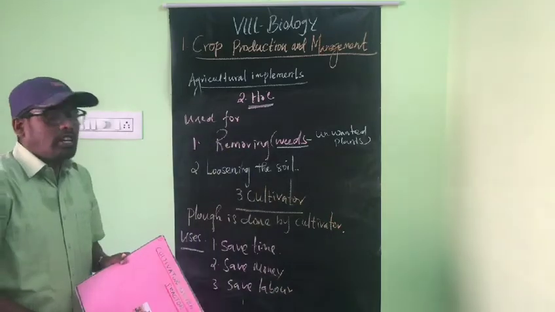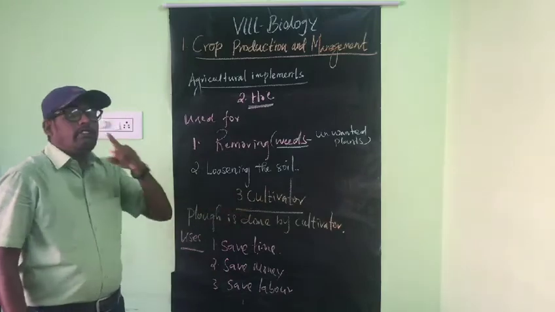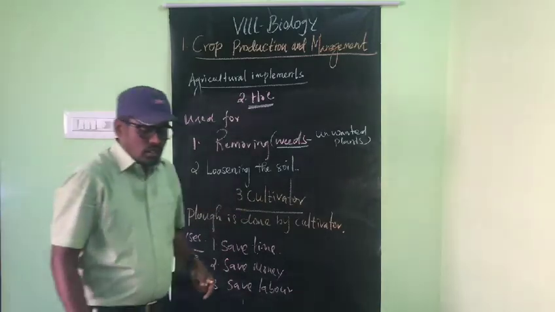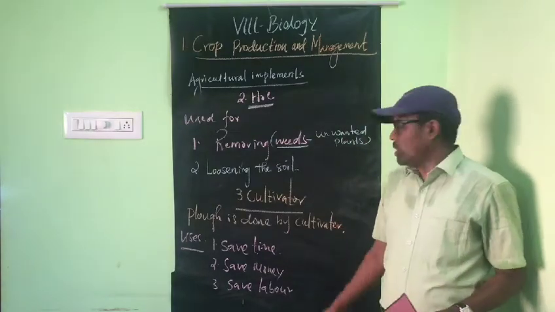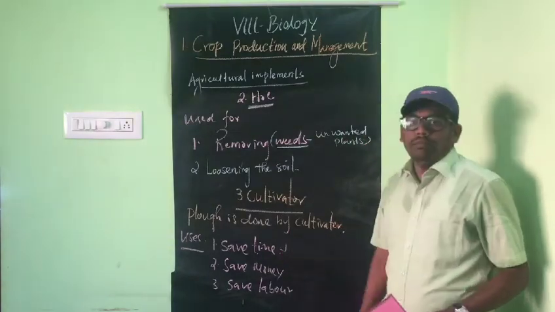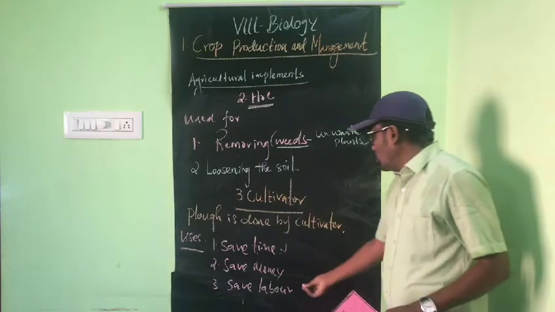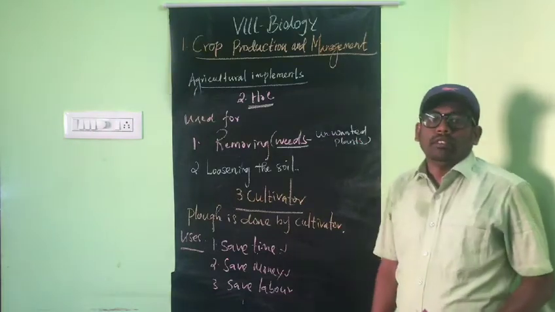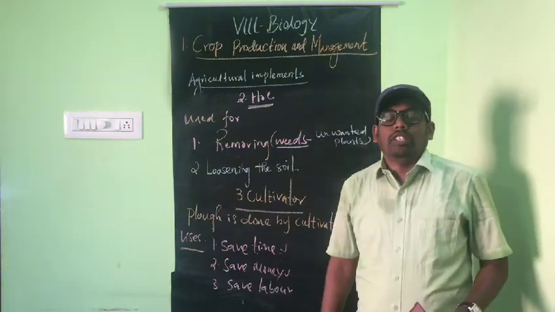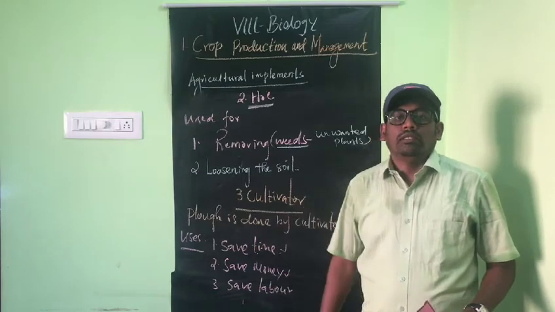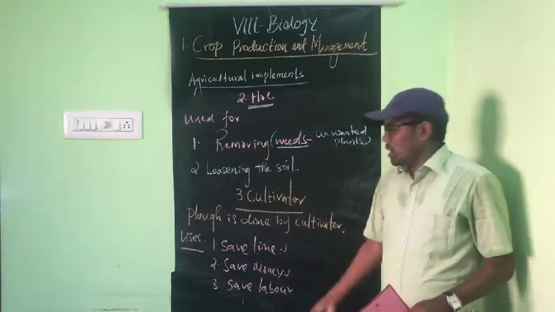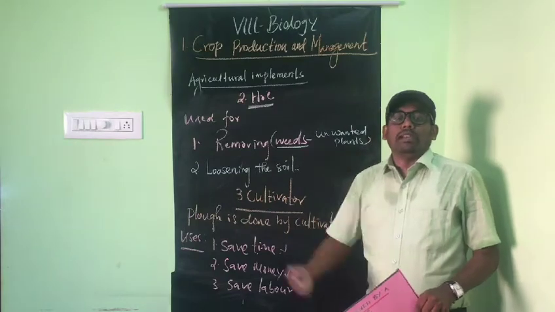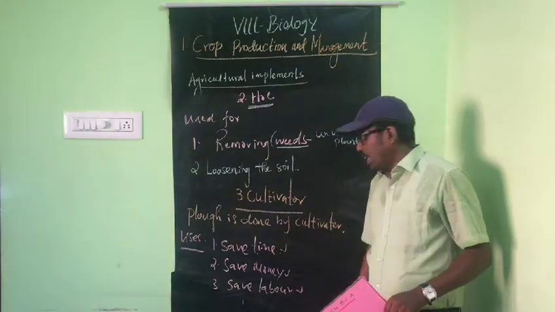Within a short time this cultivator will plough large areas, so time is saved. Within a short time it does everything in large areas. There is no need for too many laborers, so it saves labor.